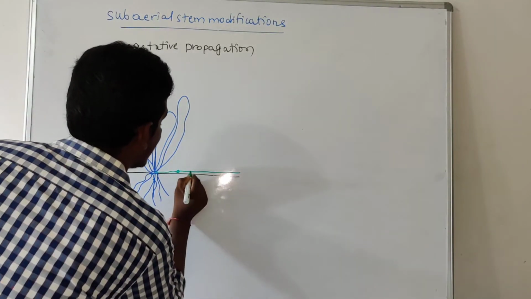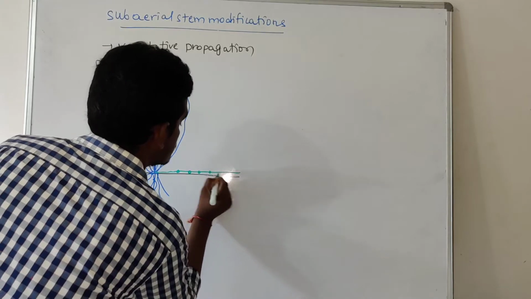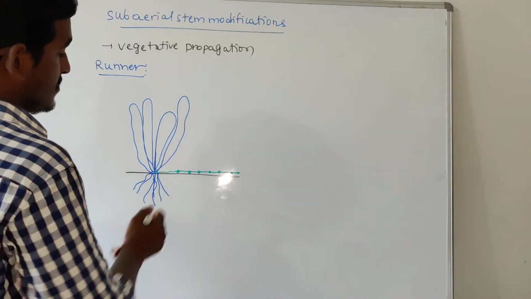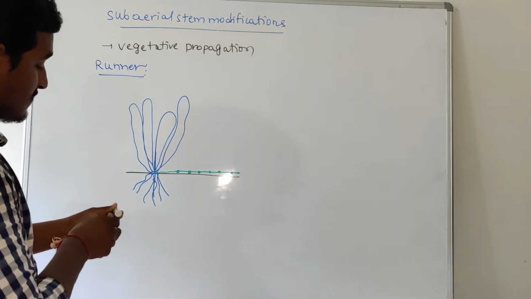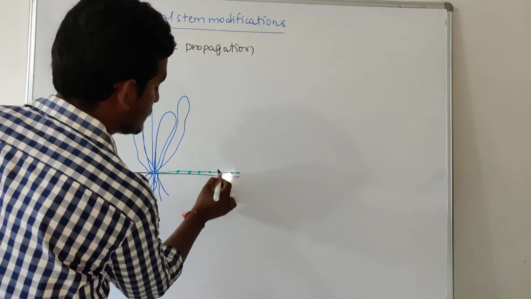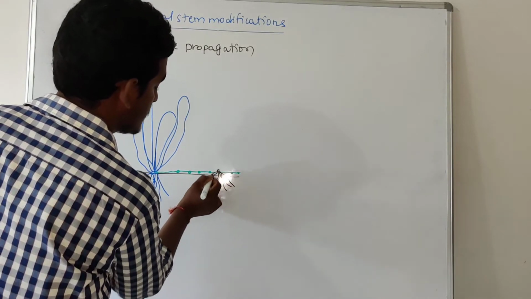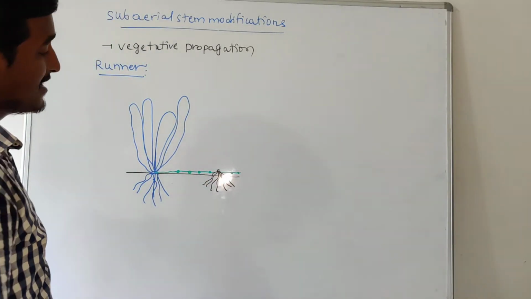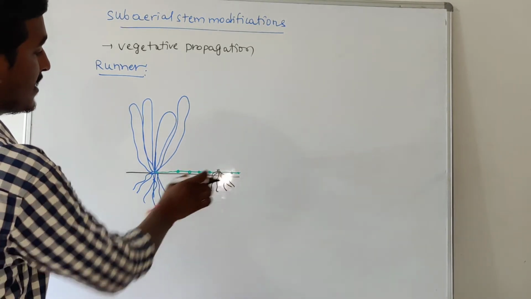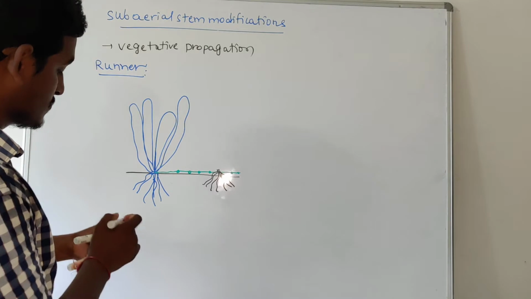That is the main characteristic feature of a stem. At every node it develops adventitious roots. Adventitious roots means roots coming from a part other than the radicle. Here they are coming from the branch, so we call them adventitious roots.